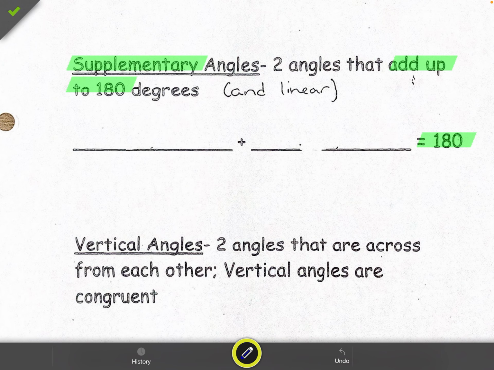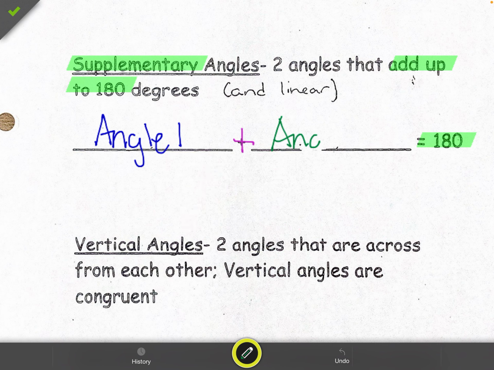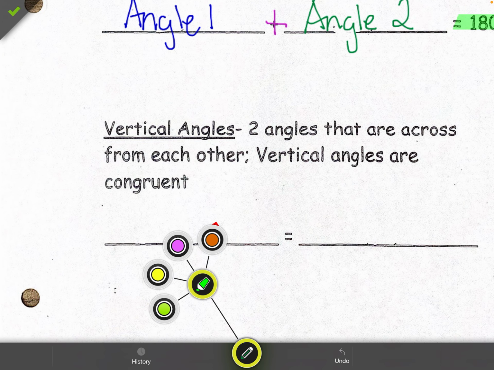So if we decide they're supplementary, we would take the first angle and add it to the second angle and set that equal to 180. So supplementary, we take the first angle plus the second angle and set it equal to 180. The last angle pair that we're going to look at and focus on are vertical angles.